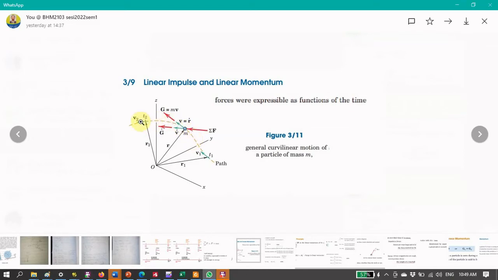So it takes some duration there, and we can see that the force there can vary with time, or it can be constant. The initial velocity is given by v1, and the final velocity will be v2. And the summation of force is given by the summation symbol with the operator and the force F.